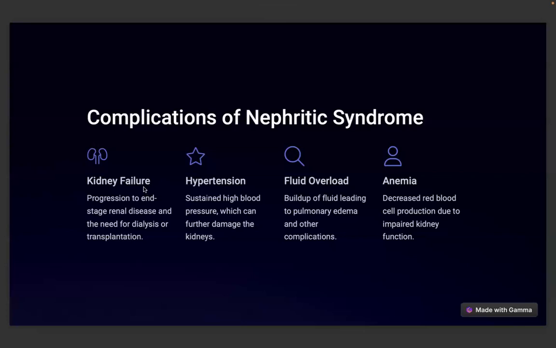But bear in mind that dialysis will just correct the homeostatic function of the kidney, like it will remove the toxins and wastes, but it won't be able to compensate or replace the endocrine function of the kidney. Yes, guys, the kidney plays a major endocrine role, which is the production of various hormones, which we'll discuss in upcoming videos.